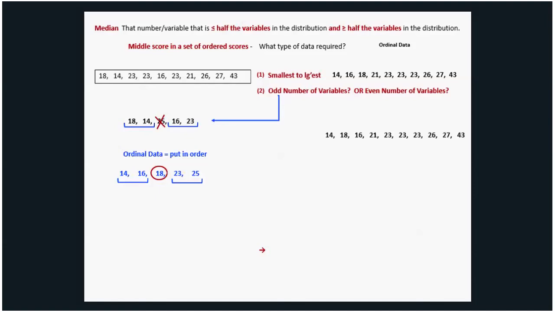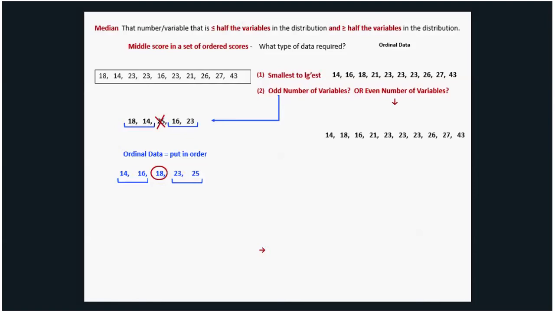What they're looking at is that you understand that the median is the middle score in a set of scores, meaning that it's the variable that is equal to or greater than half and also equal to or less than half. So it's going to be that middle number. And if you forget to put it in order, then you're going to select the incorrect answer there.